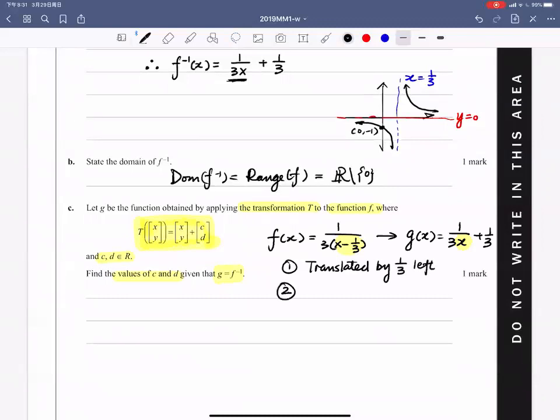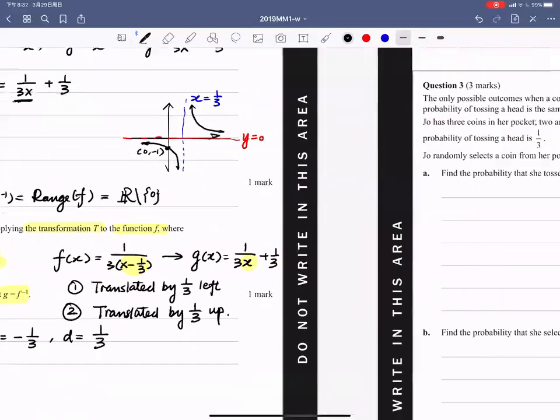The second translation will be translated by 1/3 up. Therefore, in your matrix, your value of C will be minus 1/3, because shifting to the left means a negative horizontal translation. And moving up means positive vertical translation. So your D value will be 1/3.